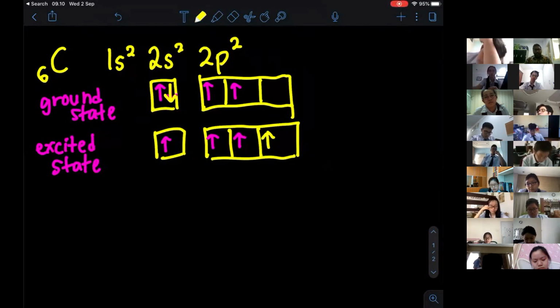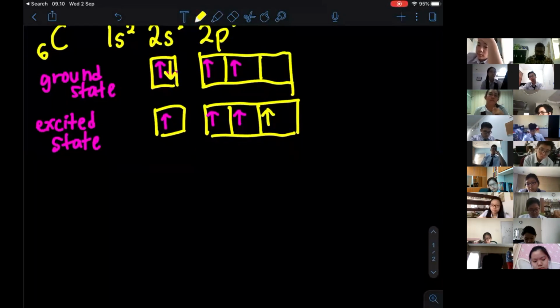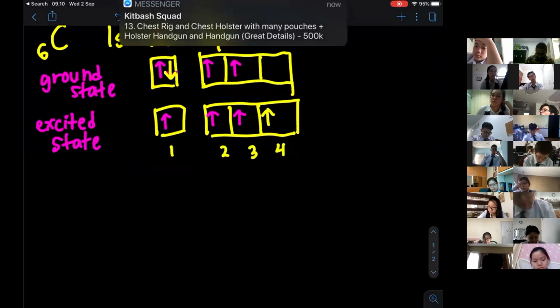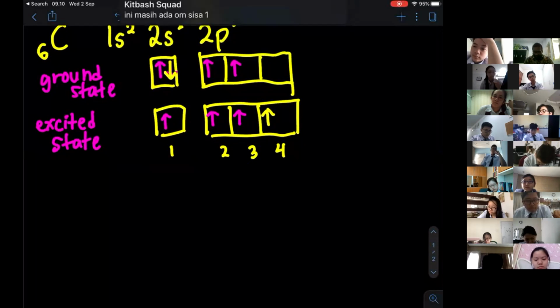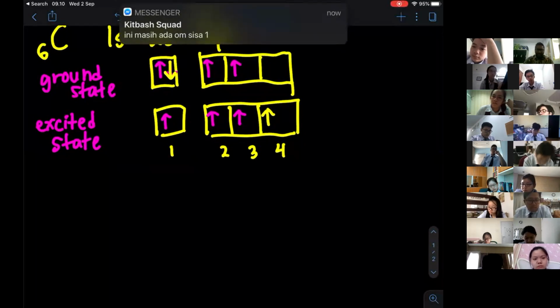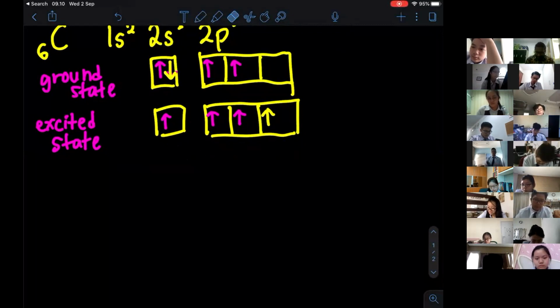Now, it depends on the mixing of orbitals. All these are orbitals: orbital number 1, 2, 3, and 4. These orbitals can mix, and how they mix depends on what you need.